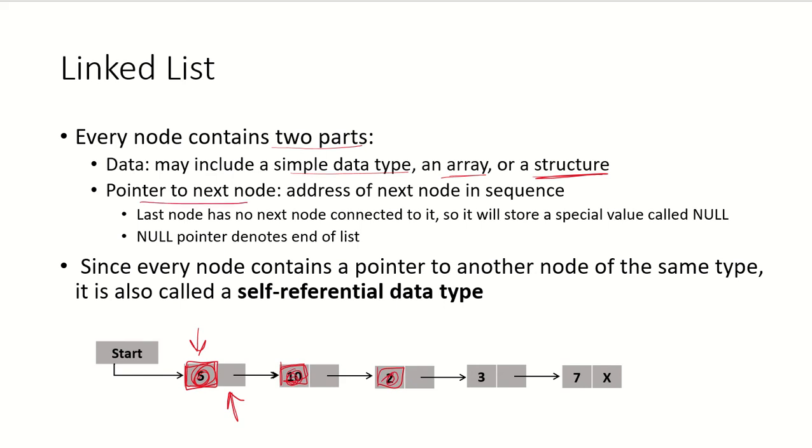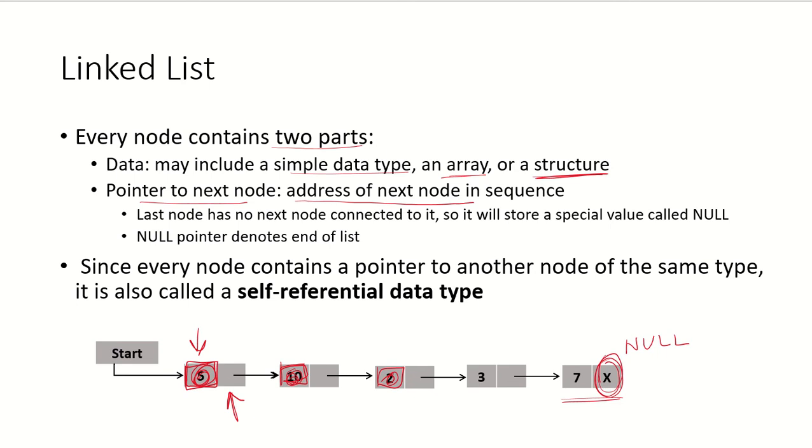And the pointer to the next node will always contain the address of the next node in the sequence. Since the last node has no next node connected to it, it will store a value of null over here. You can have -1 also stored over here. So any special value can be put over here to indicate that this is the end of the list.